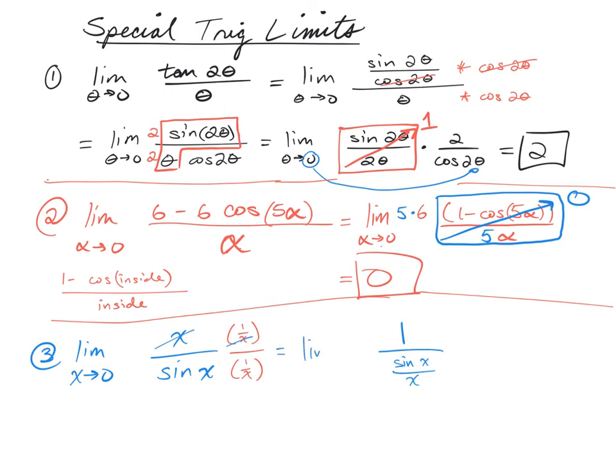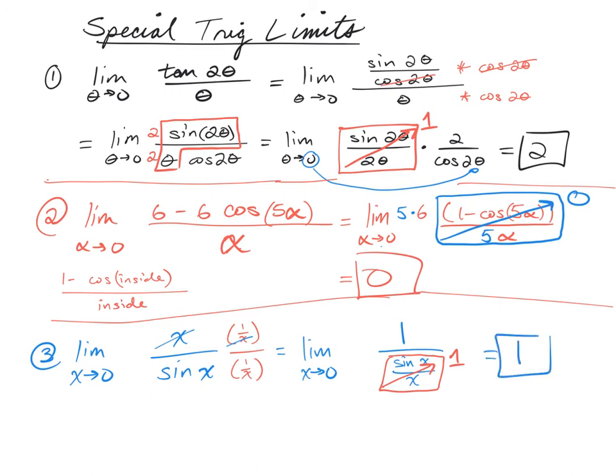And of course, we have the limit as x approaches 0 of all of that stuff. So now you can see that we have this special trig limit in the denominator. This will approach 1 as x approaches 0. So 1 divided by 1 is 1.